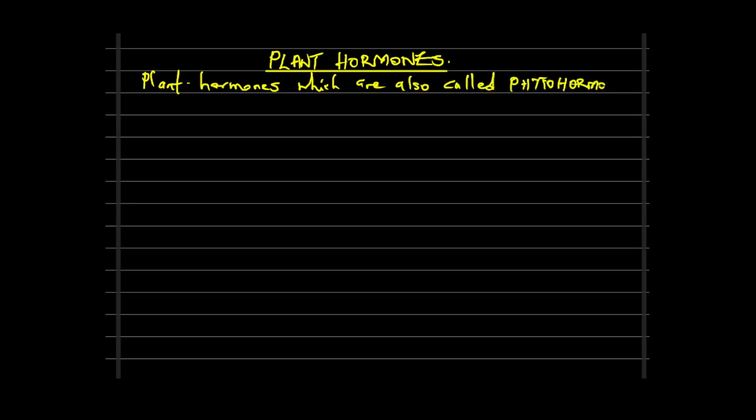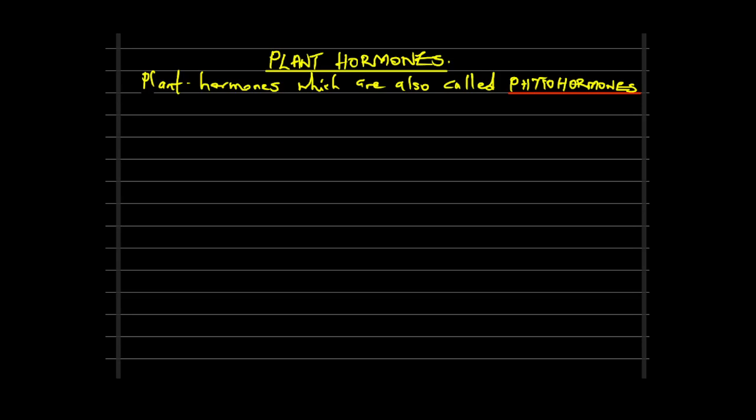Yes, that is another name for plant hormones. We need to take very close note of that. Whenever you come across the name plant hormones or phytohormones, they are talking about the same thing. We could use those words interchangeably. We could call them phytohormones or plant hormones.